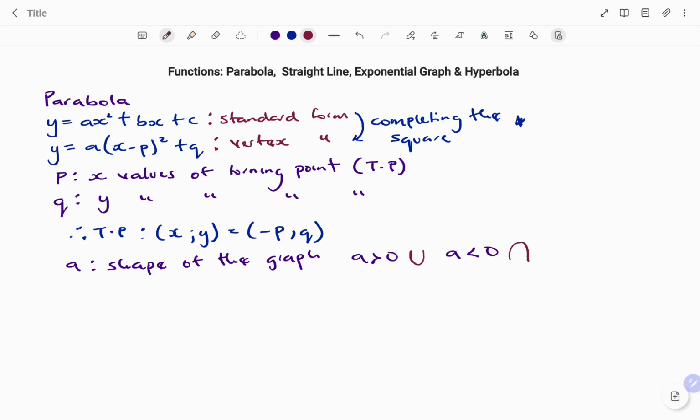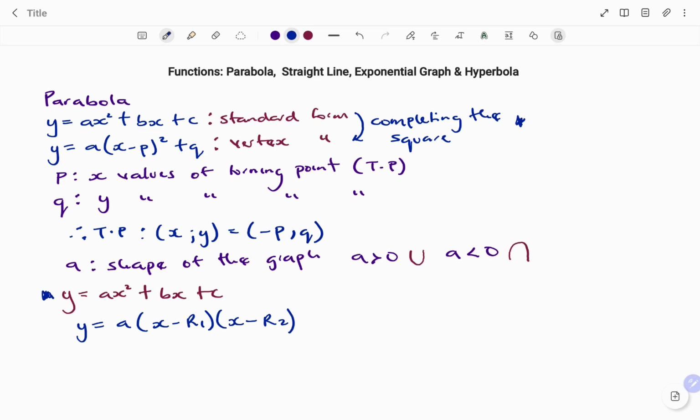Note that if I have the form y equals ax squared plus bx plus c, then I can have my x-intercept formula that states that y equals a into bracket x minus r1 multiplying x minus r2. I can get that by factorizing y equals ax squared plus bx plus c.